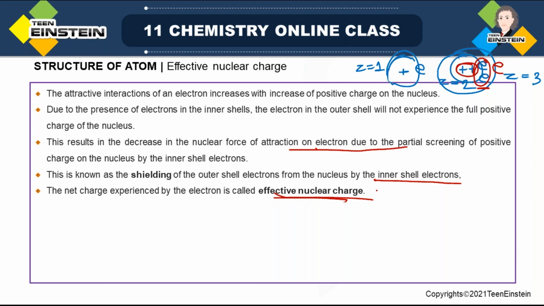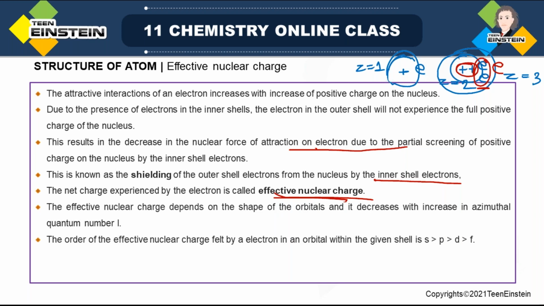Here is the shielding. When shielding is very high, the effective nuclear charge decreases, because the electron experiences less attraction from the nucleus. This is known as effective nuclear charge, denoted by Z effective. If you simply write Z, it is the actual atomic number, but in the subscript we write EFF, meaning effective nuclear charge. This effective nuclear charge depends on the shape of the orbitals, and it decreases with increase in azimuthal quantum number.